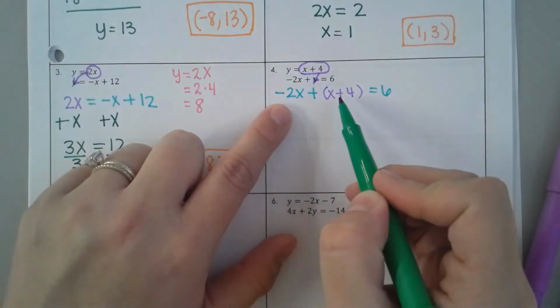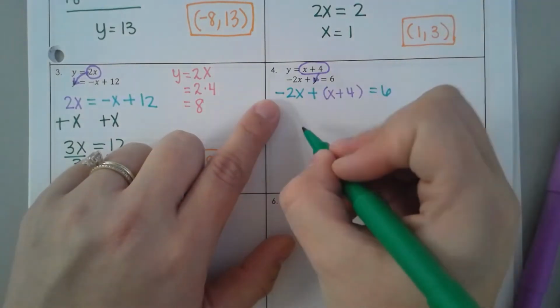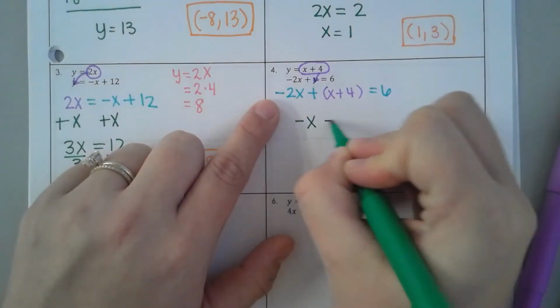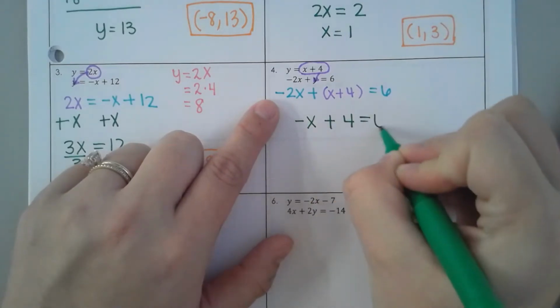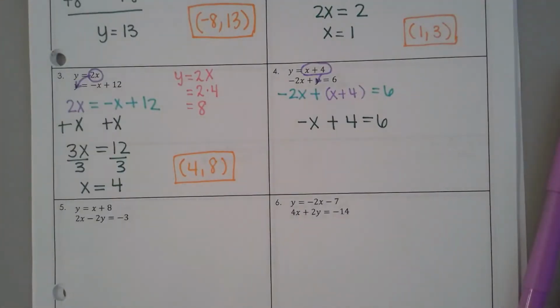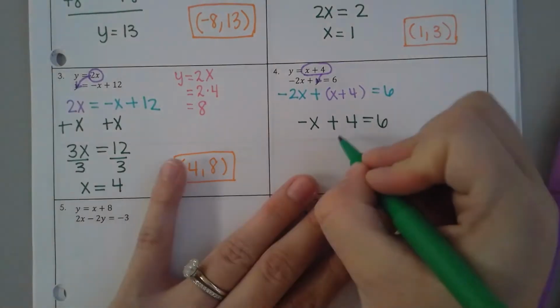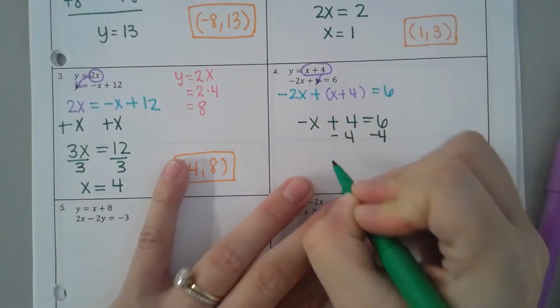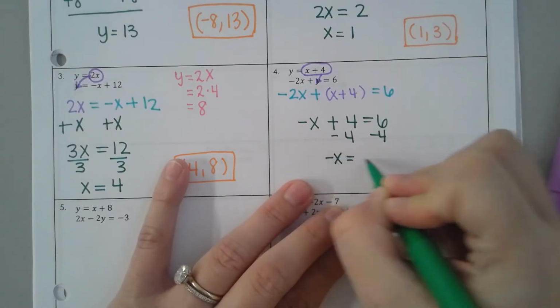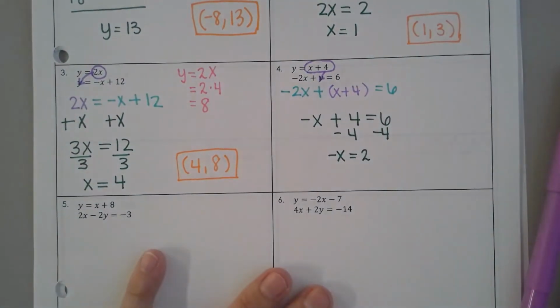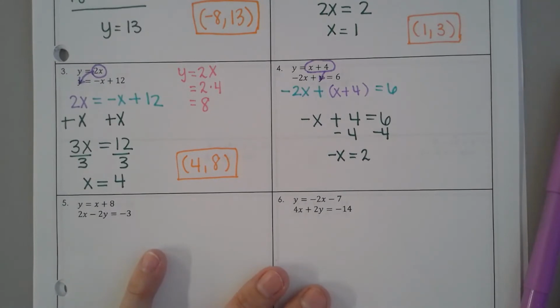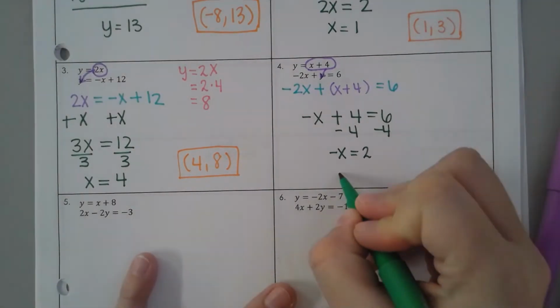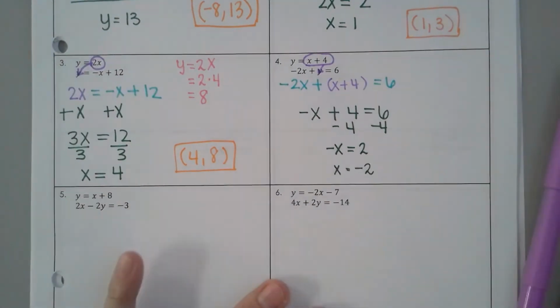So we have negative 2x and x, which is negative x plus 4 equals 6. And then I subtract 4 from both sides to get negative x equals 2. And then we have to do what? Divide by negative 1. So x equals negative 2.